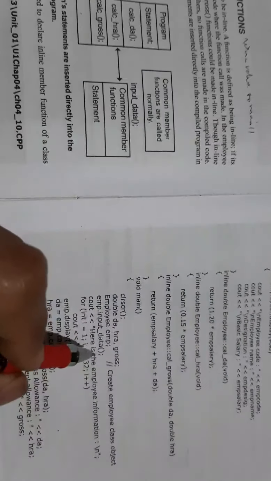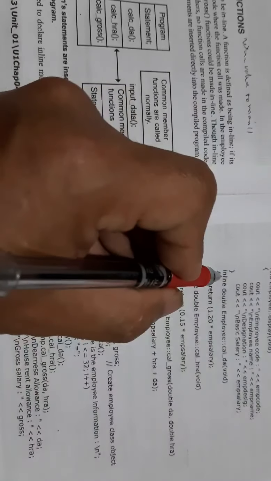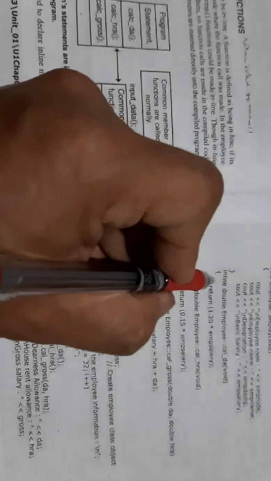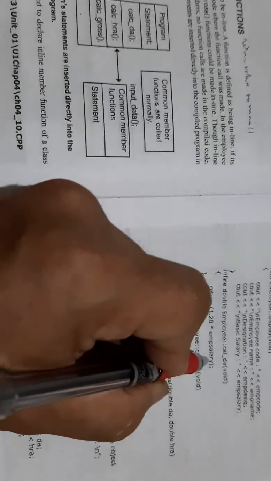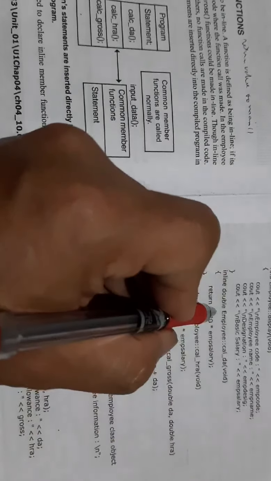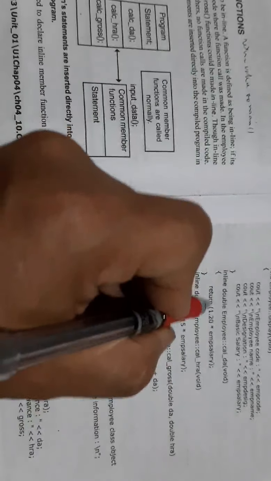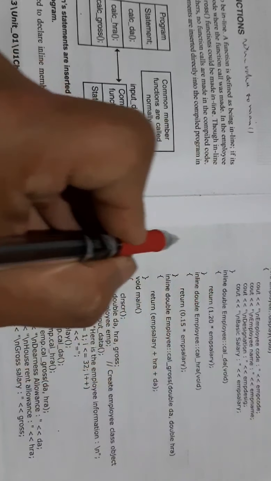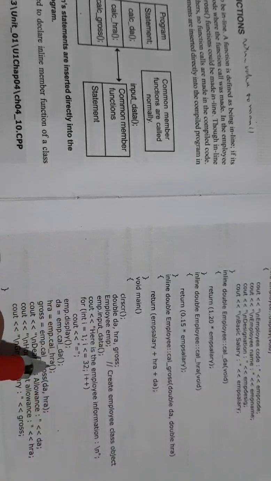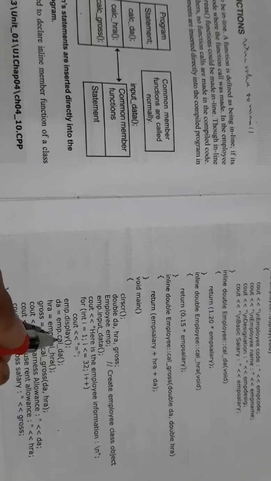So when this function has been declared as inline, the address of this function body is actually a modified copy that is sent back to the calling function here.